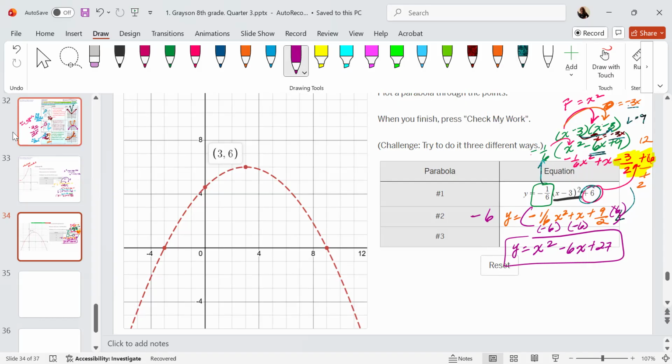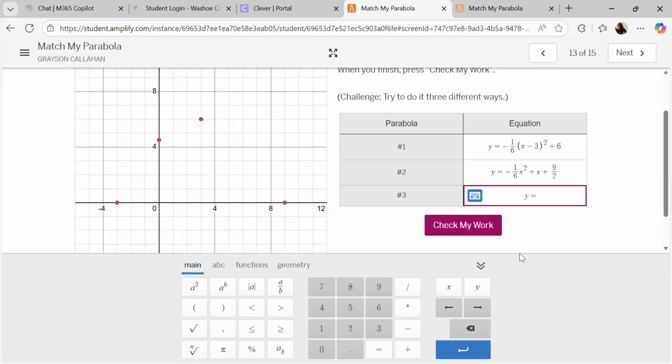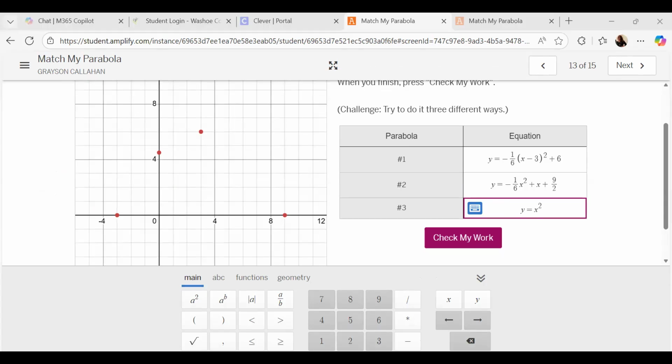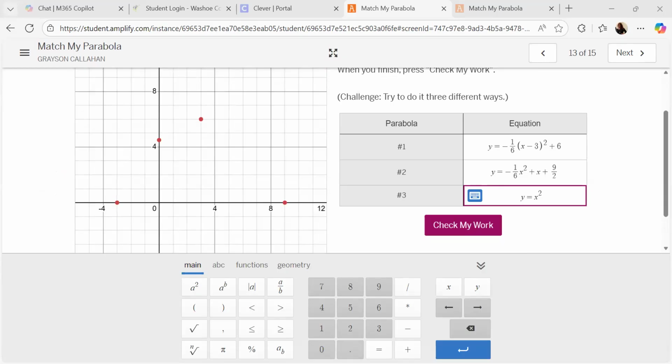Okay, so now we're gonna go ahead and plug this in. Read that back to me, please. Y equals x squared, and then what? Go ahead, copy it down. You're gonna be doing this over the weekend.